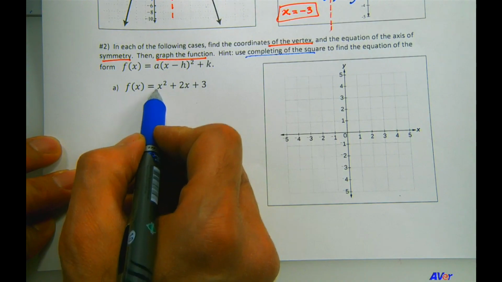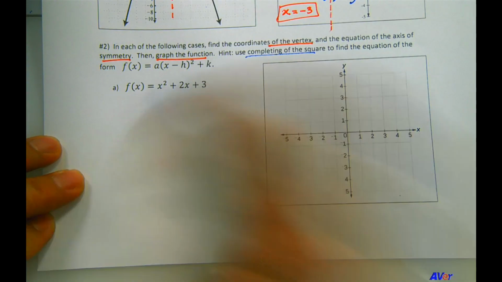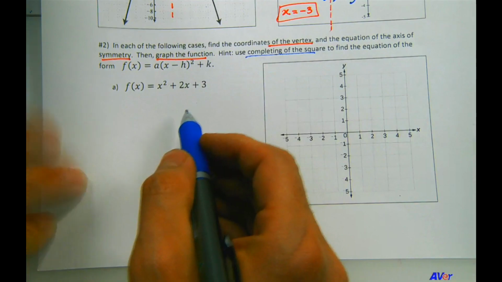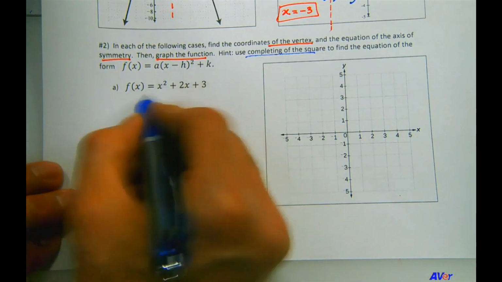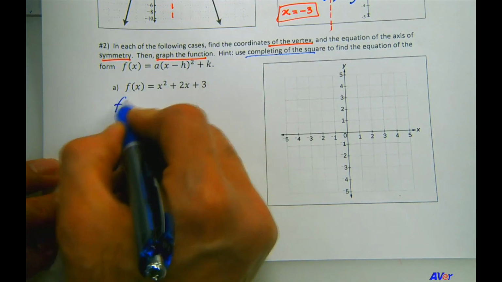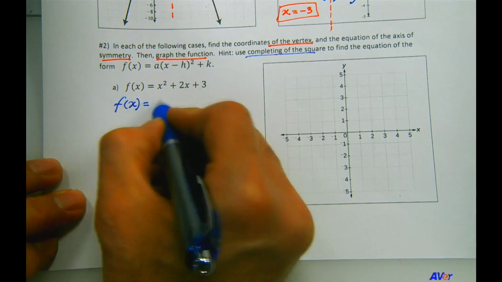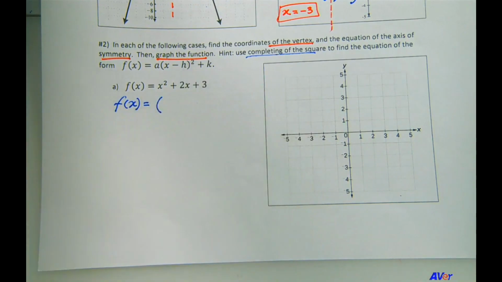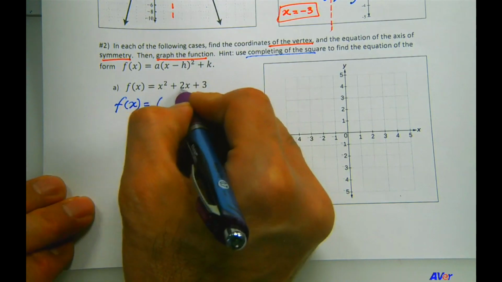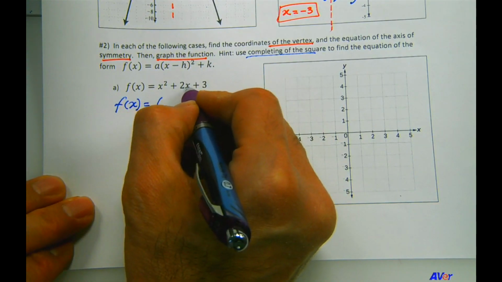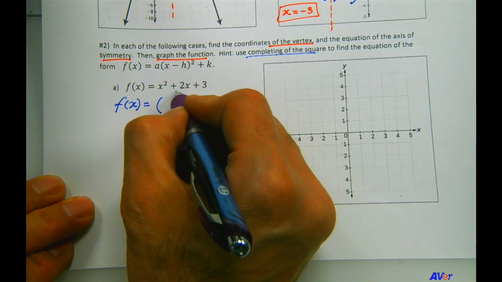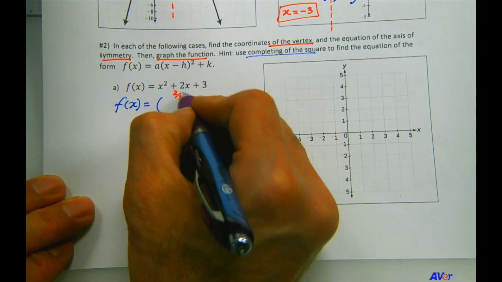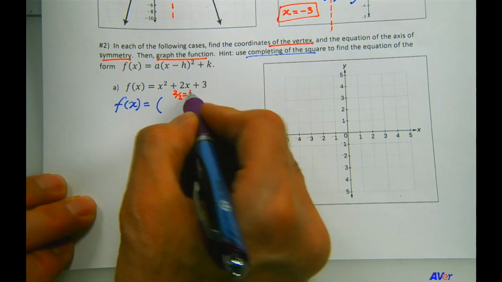In this case, it is positive 1, so we don't have to factor anything. So we can write f of x equals this number, this 2, which is the coefficient of the x term, divided by 2. So 2 divided by 2 is 1. So we have positive 1.